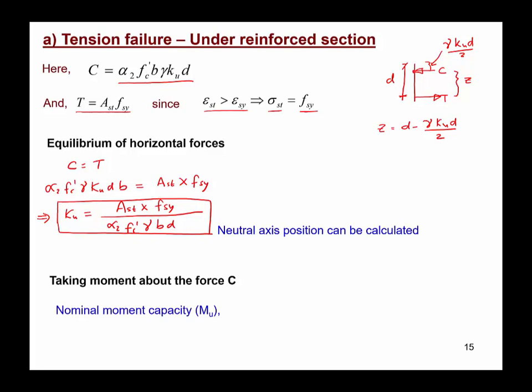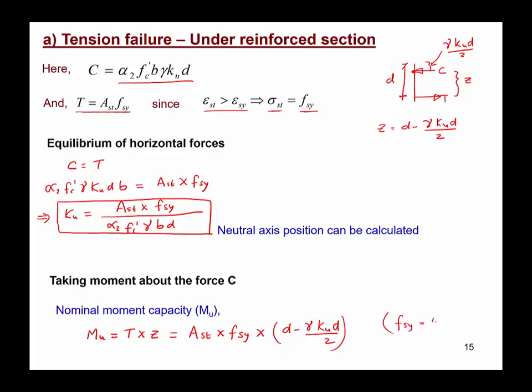So if we take the moment about point C here, the nominal moment capacity or the ultimate moment capacity, Mu, is equal to the tensile force in the steel T multiplied by the lever arm z here. So T is nothing but area of steel, and it is already yielding, so Fsy, and the lever arm is here.